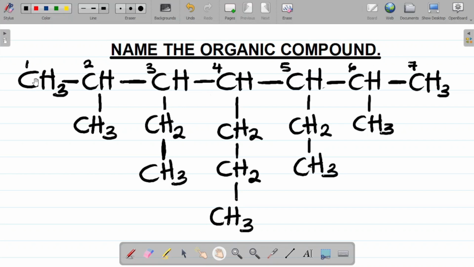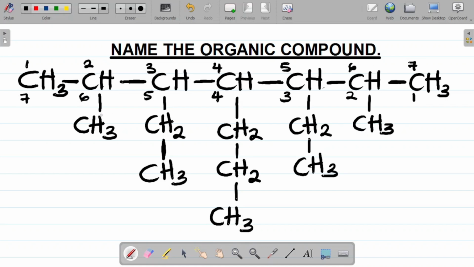So it's 7 whichever way you go. That means this numbering can work. If I also go lower numbering, I'm having 1, 2, 3, 4, 5, 6, and 7. So rule 1, get the longest continuous carbon chain.